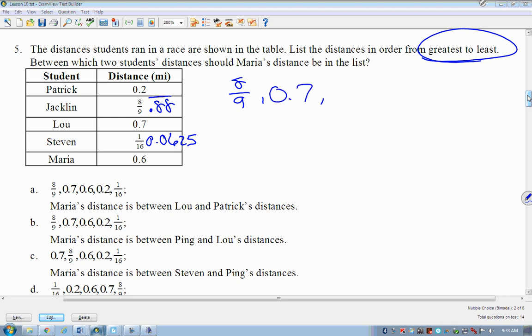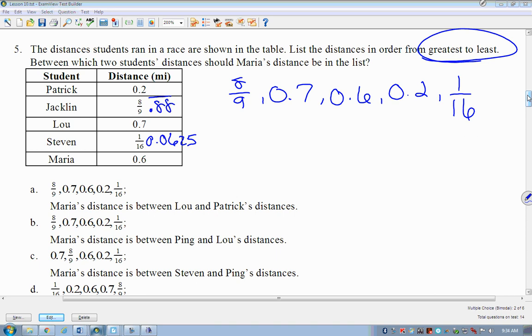Okay, who's next? Maria. Okay, who's next? Oh gosh, I go from numbers to names. 0.6, okay, and then 0.2, and then 1/16, right? All right, so I should get something like that.